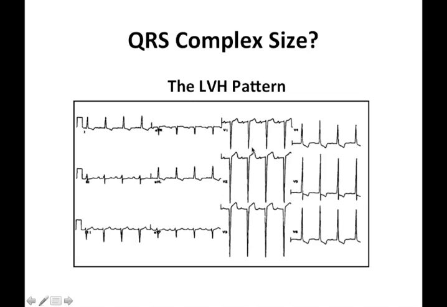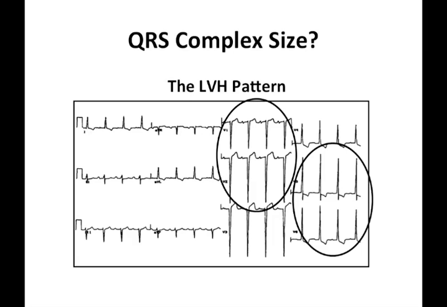Because of the excessively large QRS complexes in V1 and V6, among many others, when you add these values up on a typical ECG with grids, you can see that it is more than 35 millimeters, meaning that this person has the LVH by voltage pattern and that these ST segment changes are likely due to the LVH pattern.